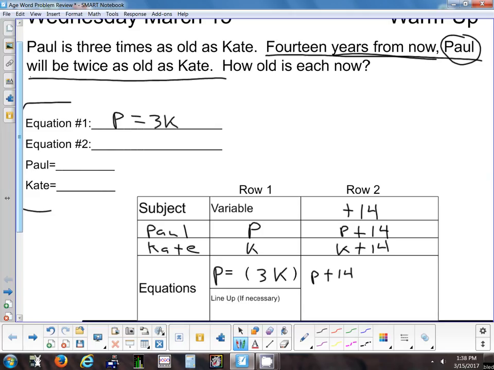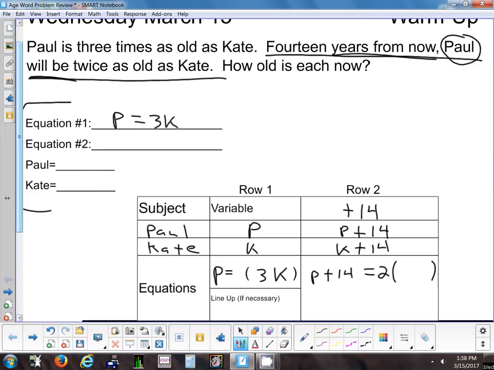Paul will be. What is will be? Equals, right? Just like is in the present tense, will be. Paul will be twice as old as Kate. So how would I write twice as old as Kate? Okay, start with a 2. I need parentheses.